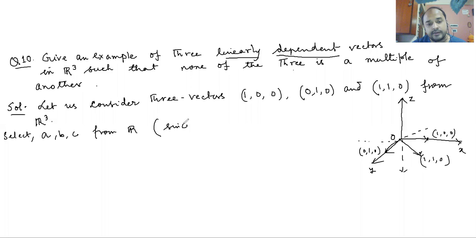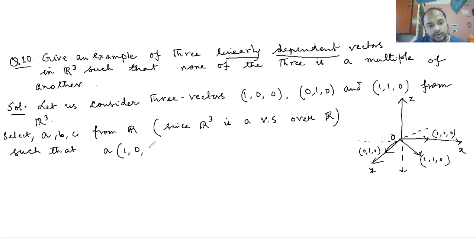Since R3 is a vector space over R. Such that A into (1, 0, 0) plus B into (0, 1, 0) plus C into (1, 1, 0) is equal to (0, 0, 0), the origin, because the origin is the zero vector of the three-dimensional space R3.